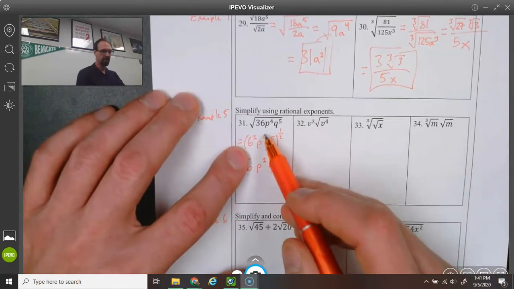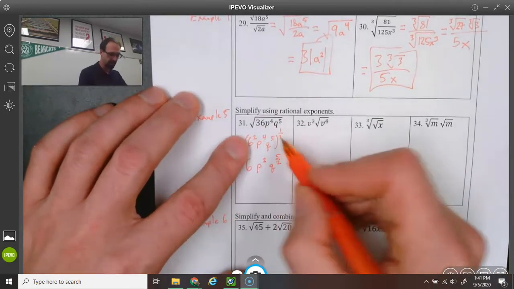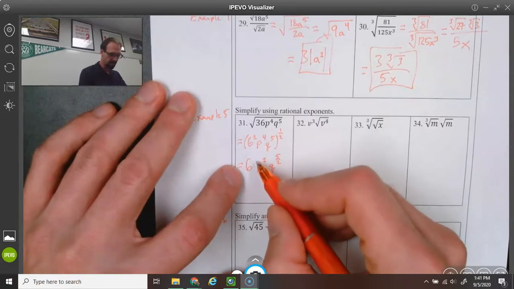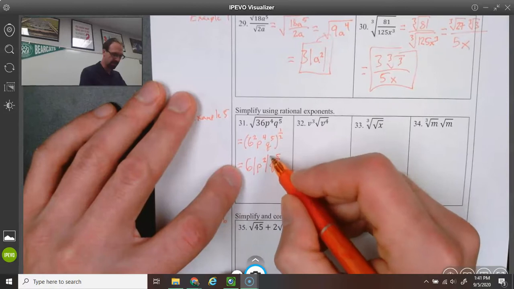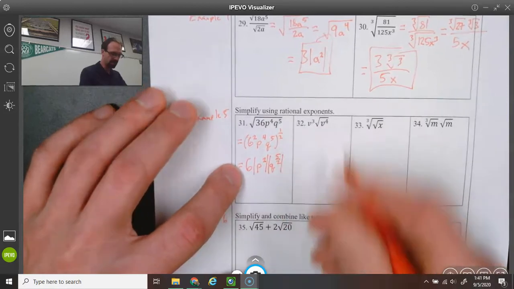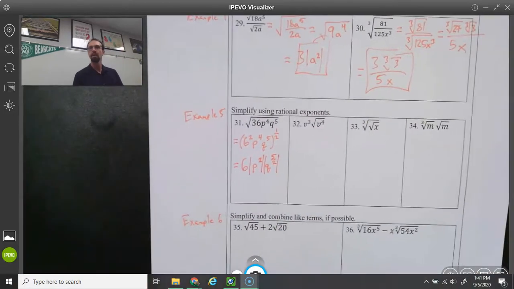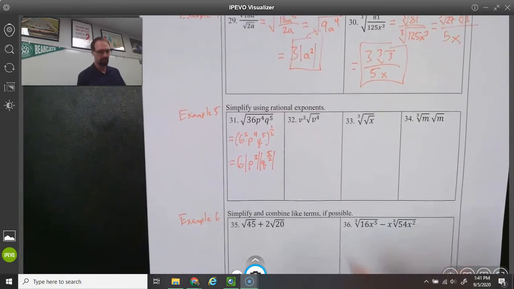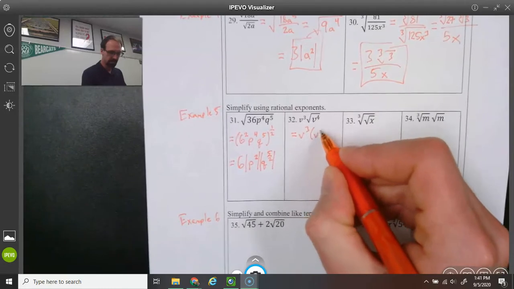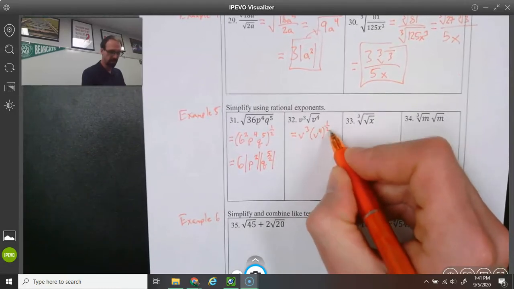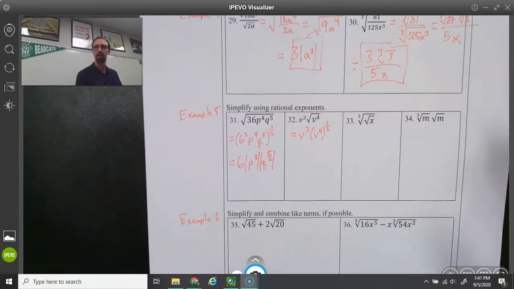Again, we had an even root, so this is going to be the absolute value of p squared, and the absolute value of q to the 5 halves as well. For here, I have v cubed, and then v to the 4th with a square root, raised to the 1/2 power. Those are equivalent.